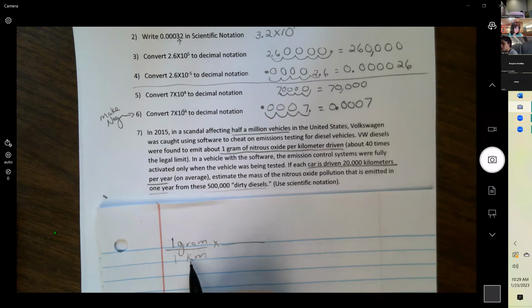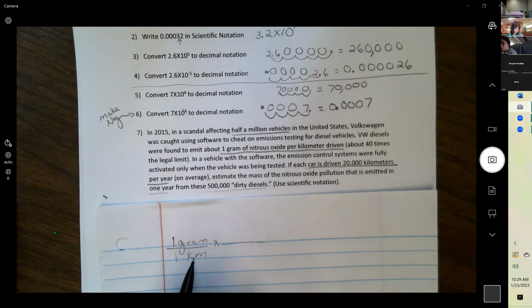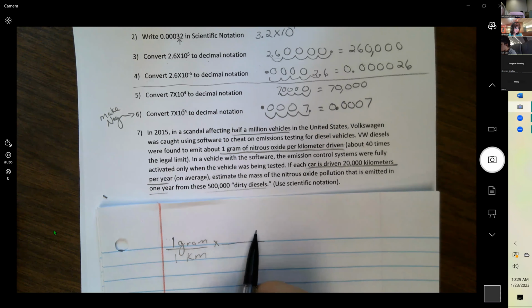Notice this kilometer is in the bottom, so I need a kilometer on the top, so they will cancel because we just want to be left with grams of nitrous oxide. So here, I would put my kilometer on the top and my car on the bottom. That way kilometers will cancel.